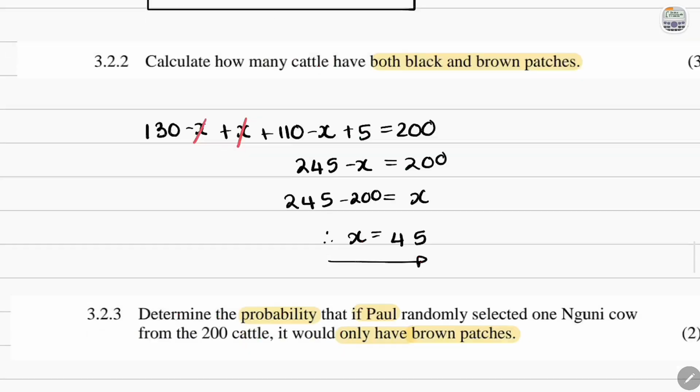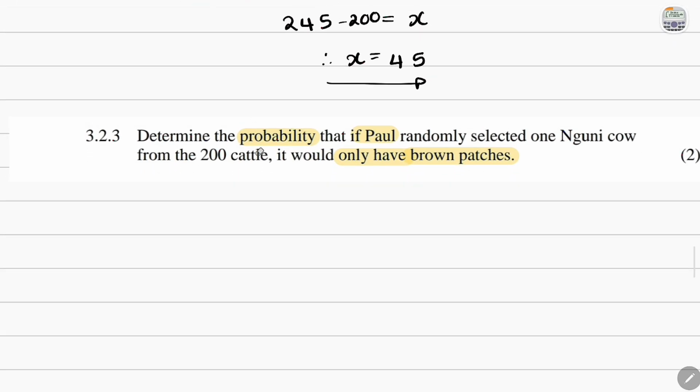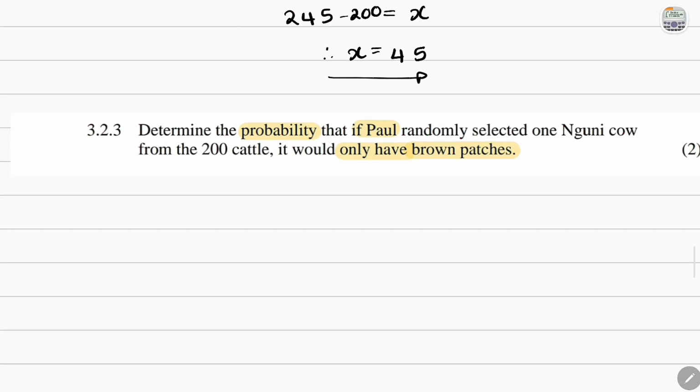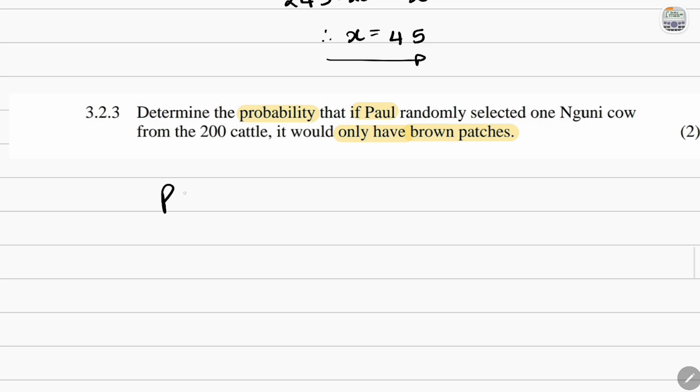But they did say they want this information as a probability. So we need to still express it like that. So this is 110 minus X. We know what X is now. It is 45. So the probability of only brown would be 110 minus 45, but then you still need to say over the total amount of cows that we have here, which is 200.